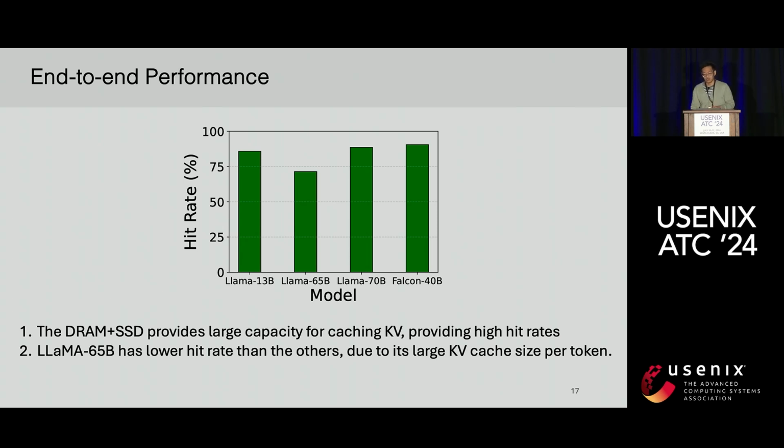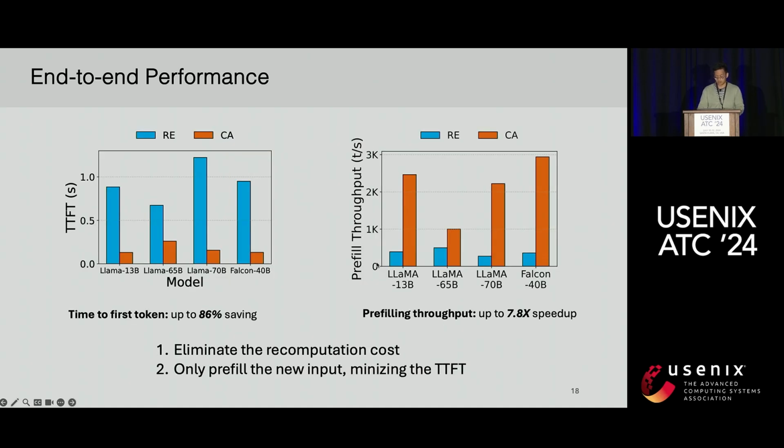And we can see that by extending the KV caching system with large capacity SSDs, the hit rate is very high in our experiment. With such a high hit rate, we can achieve good TTFT, the time to first token. And it achieves up to 86% savings of TTFT.